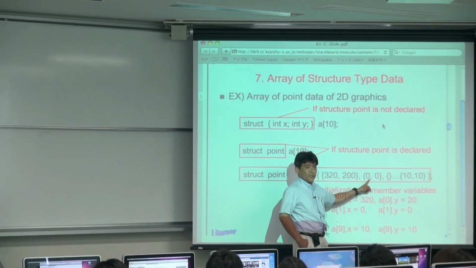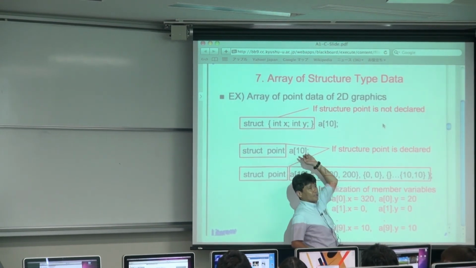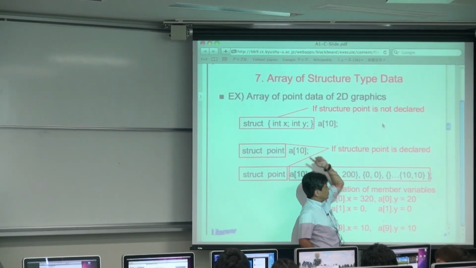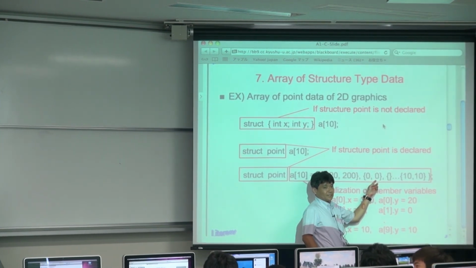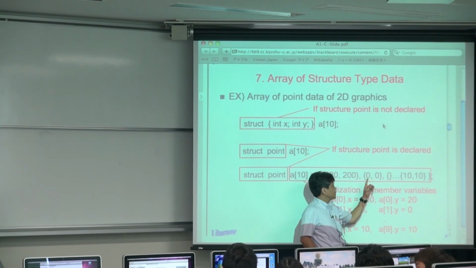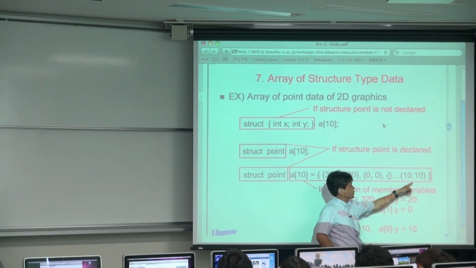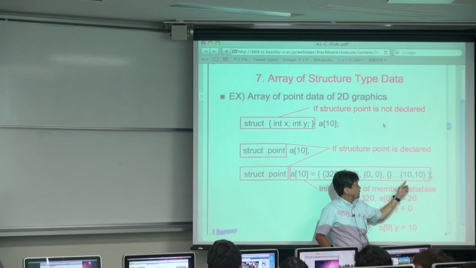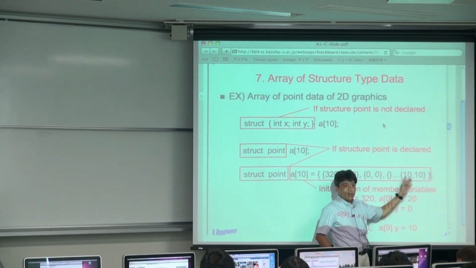The second element also has a point structure, and it has x and y as its member variables. In this case, its initial value is 0, 0. Similarly, you can define all initial values.